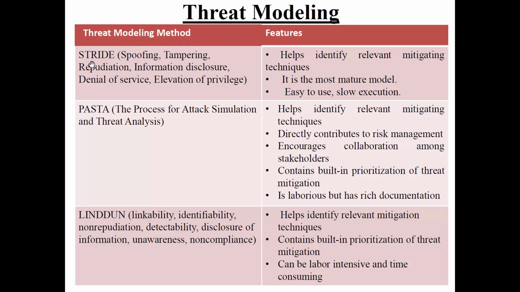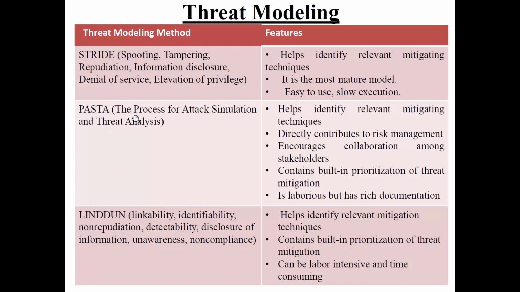So the first model is the STRIDE model. Its advantage is that it is easy to use, though the execution is slow, but it is the most mature model to date. We'll come back to this model.